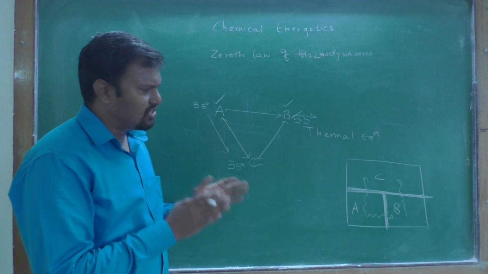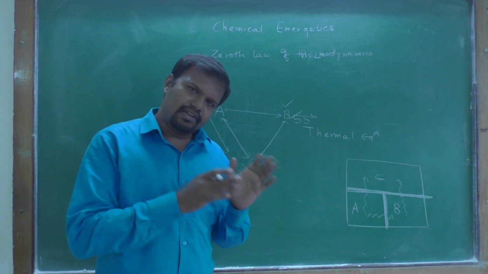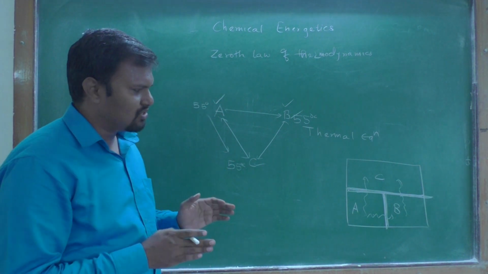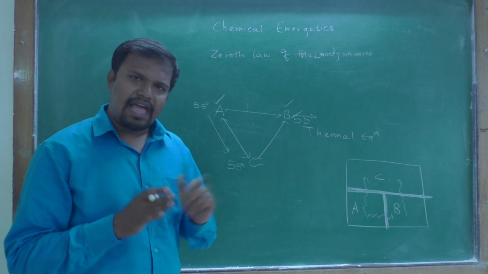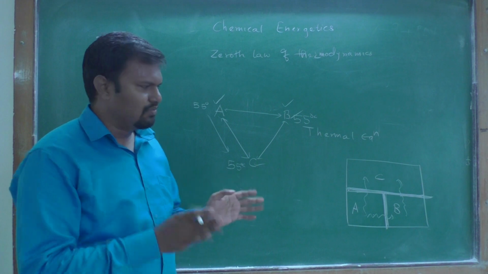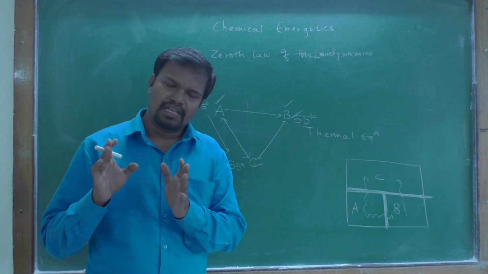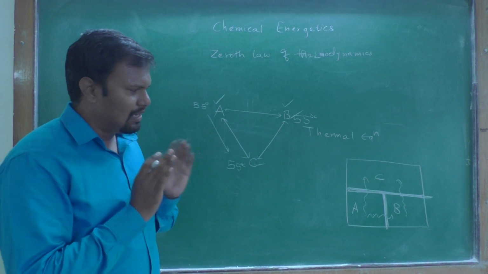When A and C have the same temperature, it means they achieve thermal equilibrium, and when B and C have the same temperature, they also achieve thermal equilibrium.